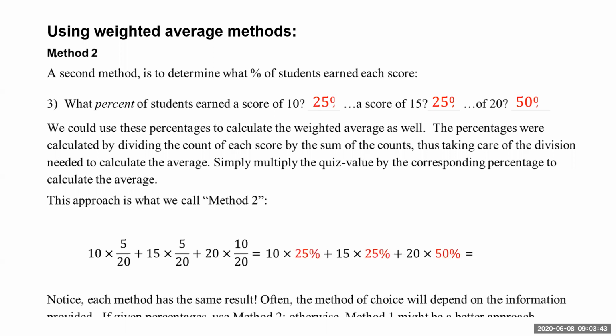So when you do that, that will equally give you the same average. So you realize 5 out of 20 students had a score of 10, 5 out of 20 students had a score of 15, and 10 out of 20 students had a score of 20. All right, together the average gives you 16.25. All right, awesome, nice.